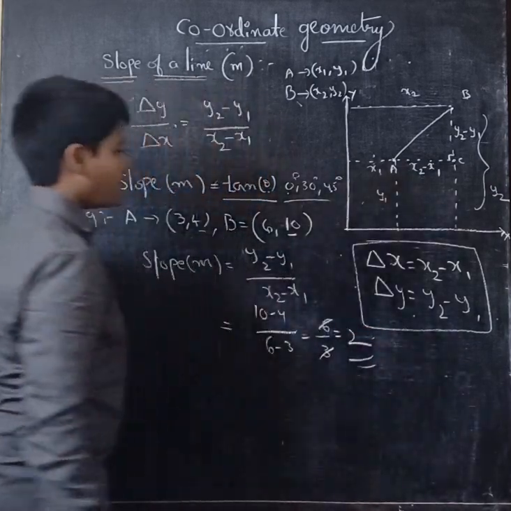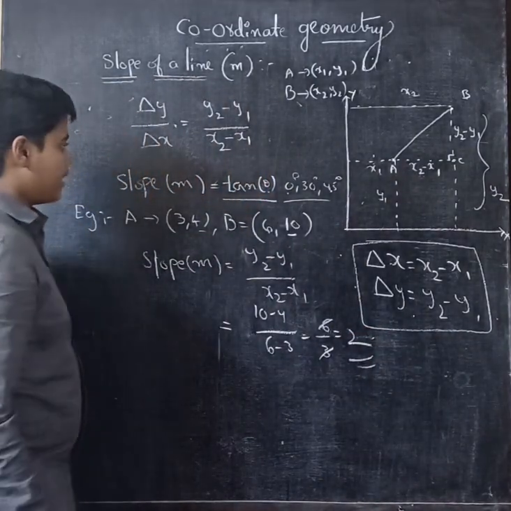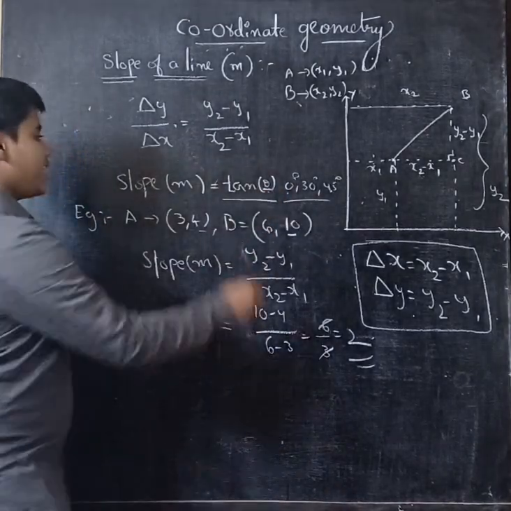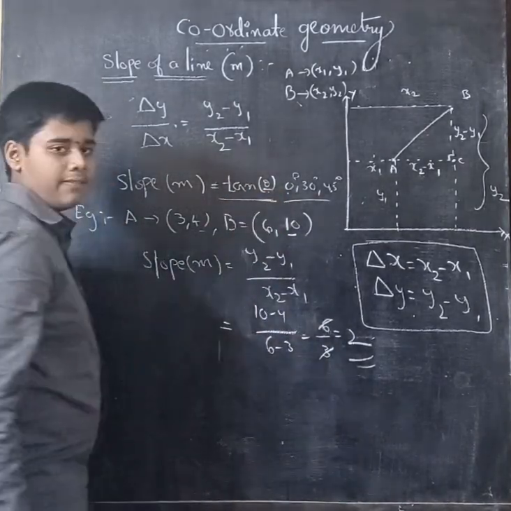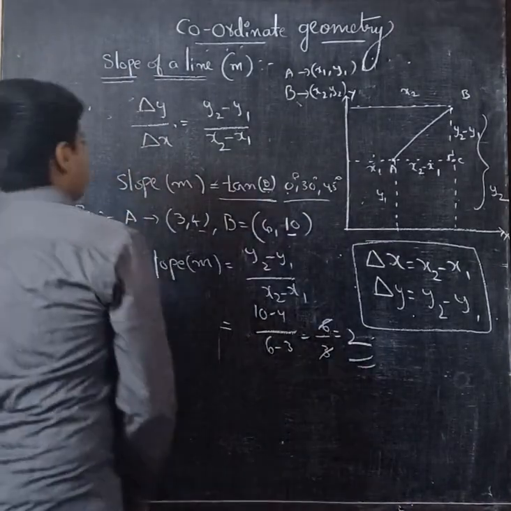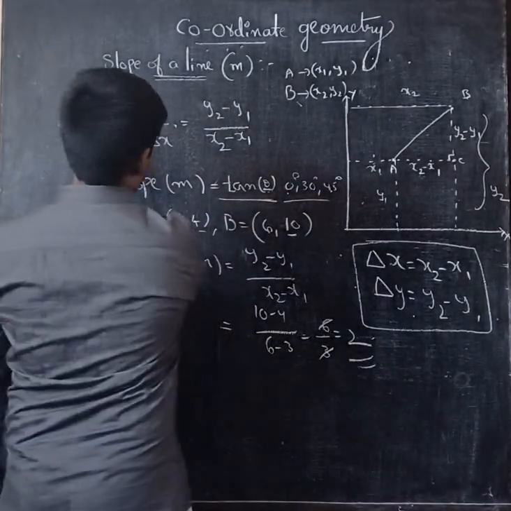This is the slope of a line. Okay, if they give the theta value in degrees, we can easily find the slope with tan theta.